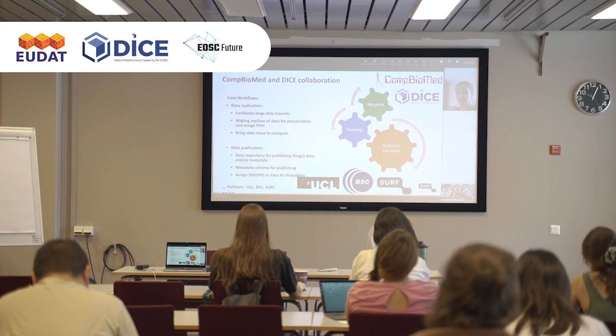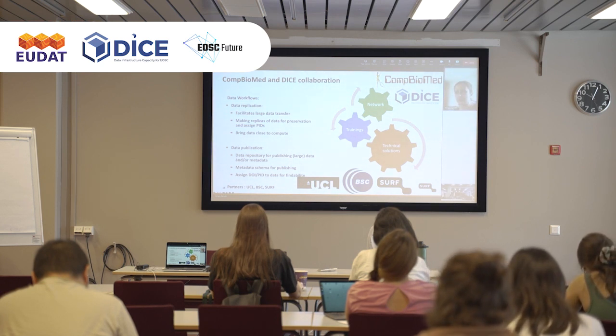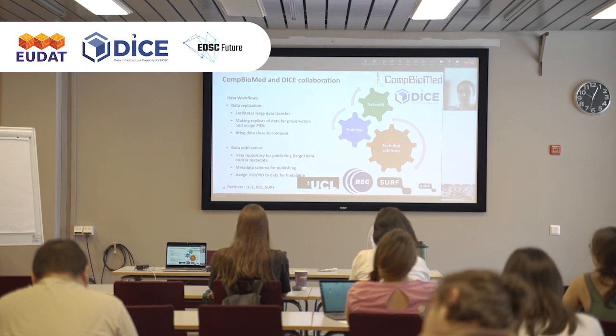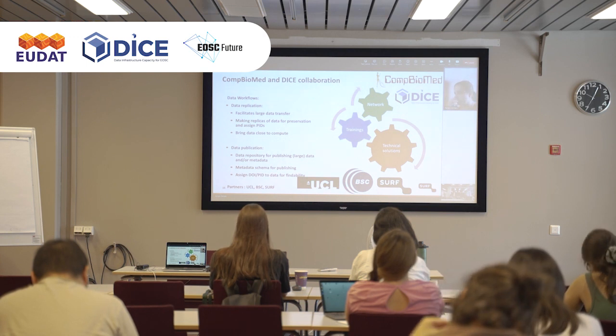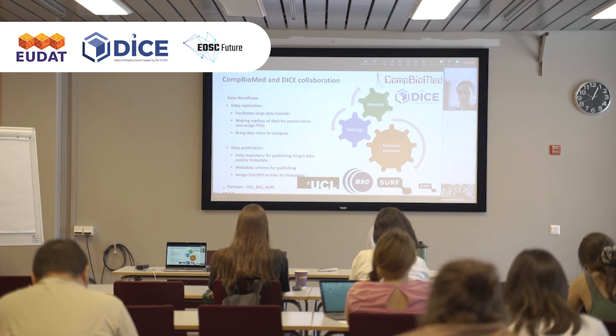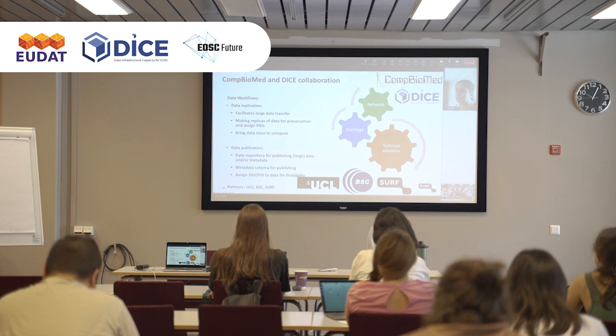For the data publication, again, we needed a data repository to publish data with metadata. We have worked on a metadata schema for CompBioMed, which I'll show you later. And also, we wanted to be able to assign DOIs or persistent identifiers to the data for findability.